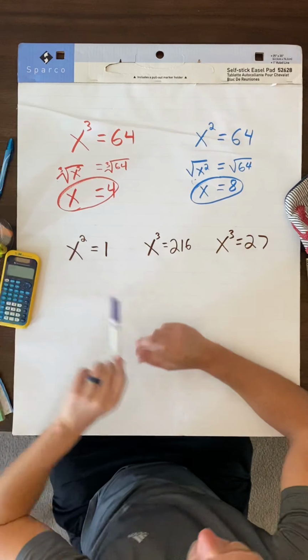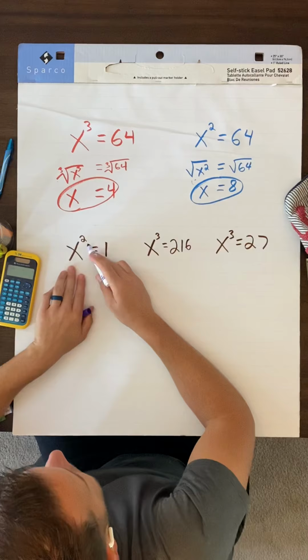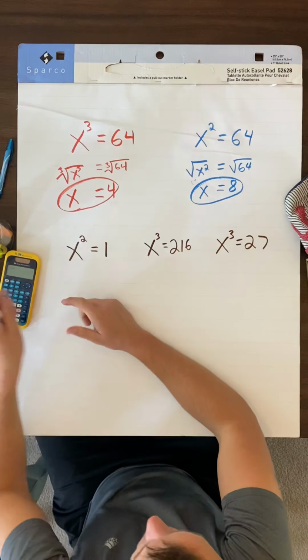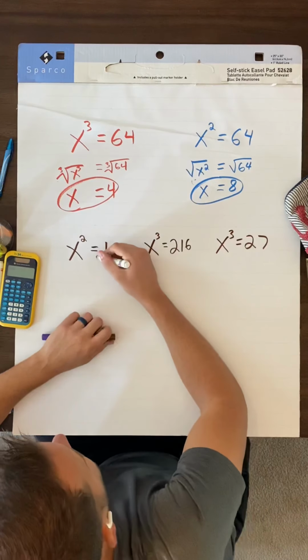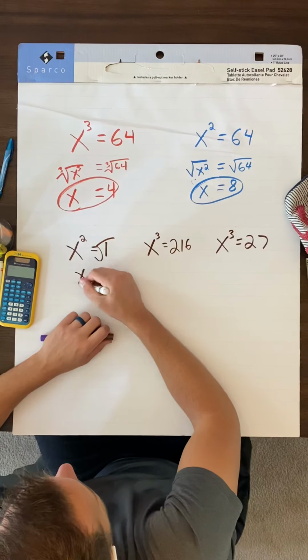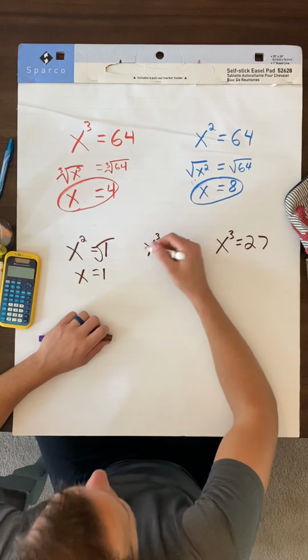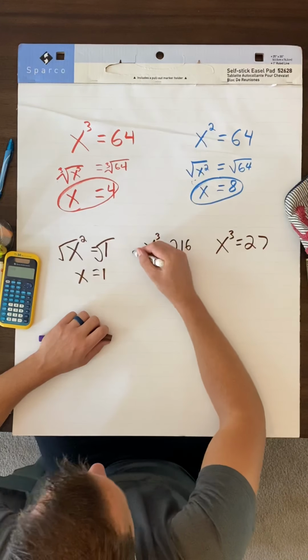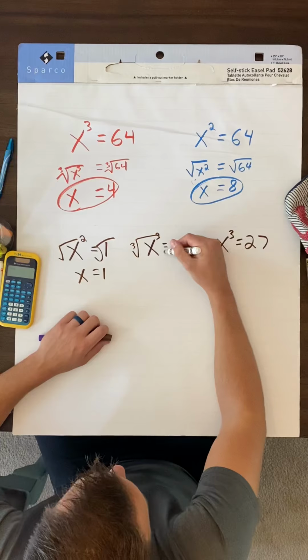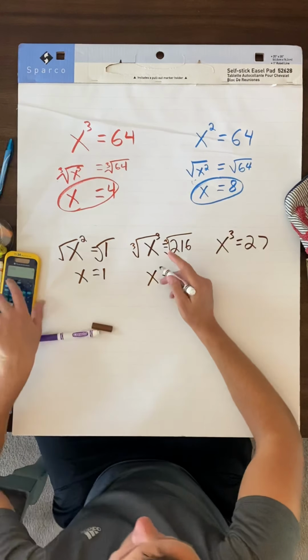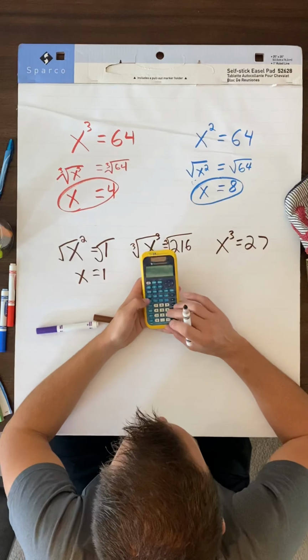So to solve these, first one, it's x squared, so we're just going to find the square root of 1. So we find the square root of 1, x equals 1. The second one, we're going to have to find the cube root of these. X equals, and then we have to find the cube root of 216.